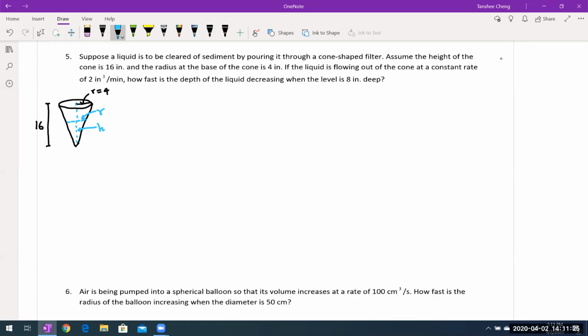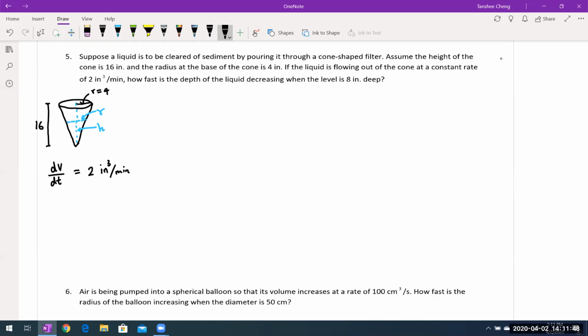So now what we have is this information. We know that the rate of change in the volume, because it's talking about inches cubed, is a constant. So at any time, this never changes, right?